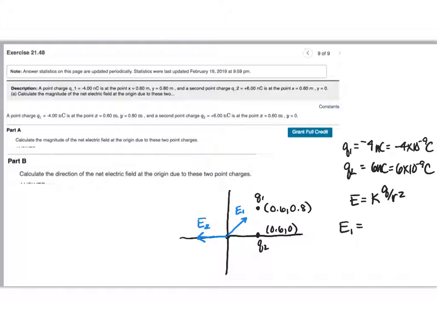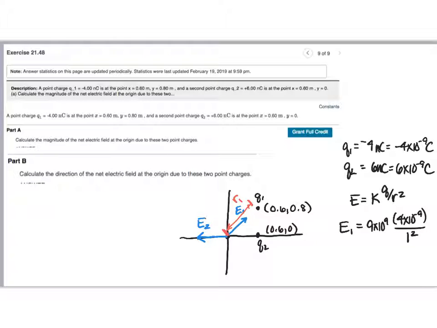So E1 would be 9 times 10 to the 9th, Q is 4 times 10 to the minus 9, and the distance R1 is from here to here. If I do the Pythagorean theorem, that actually turns out to be 1. So that's easy, 1 squared.